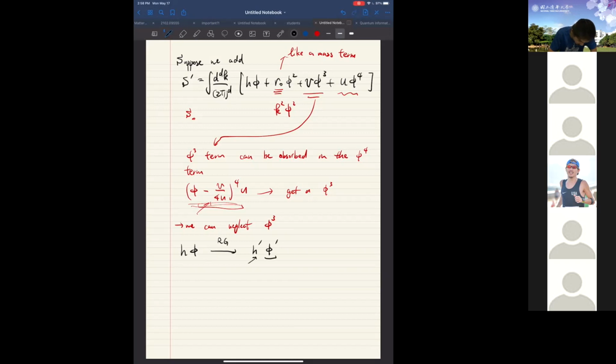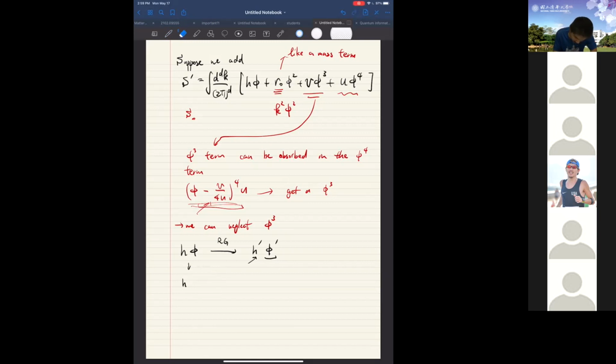And as you know, in the RG procedure, we first fix the edge and then do the renormalized field. So as you know, the renormalized field is defined... sorry, something wrong. So what I want to say is the redefined field corresponds to the new field.